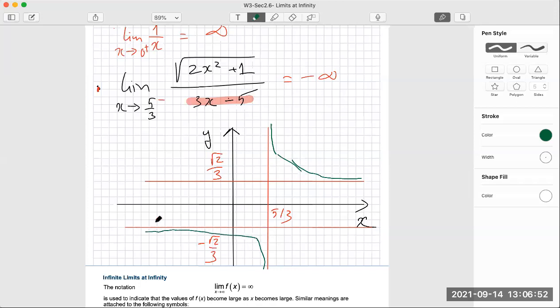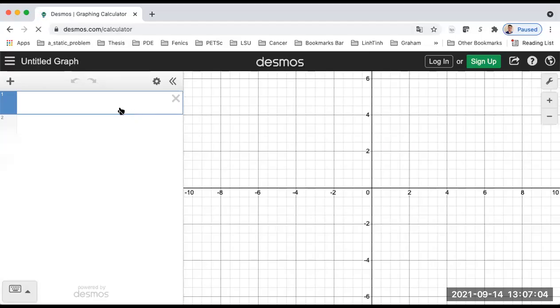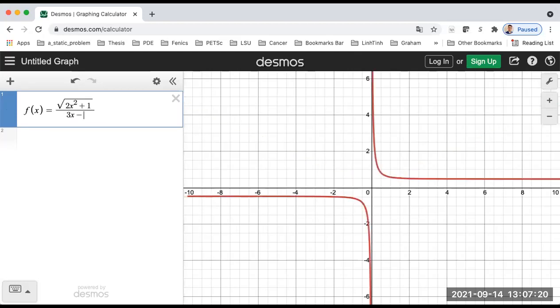Let's try to plot this function with decimals here and see how it behaves. The function f of x here is equal to the square root of 2x squared plus 1, divided by 3x minus 5.